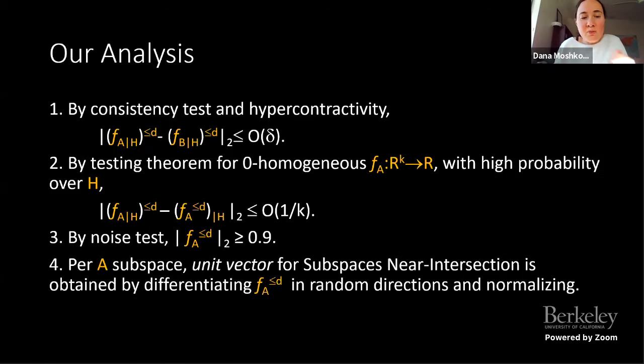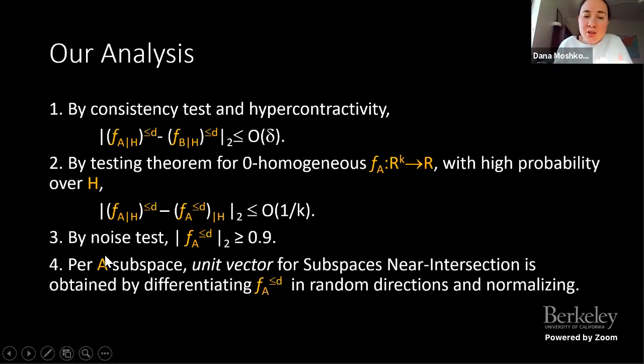So here is what happens. Per question to the prover, what we have is the degree D part of this function. And we know that those degree D parts of the function are consistent because of what we just proved. So they're consistent on the hyperplane, which is almost what we wanted, except that what we really wanted is a unit vector per question rather than a degree D part.